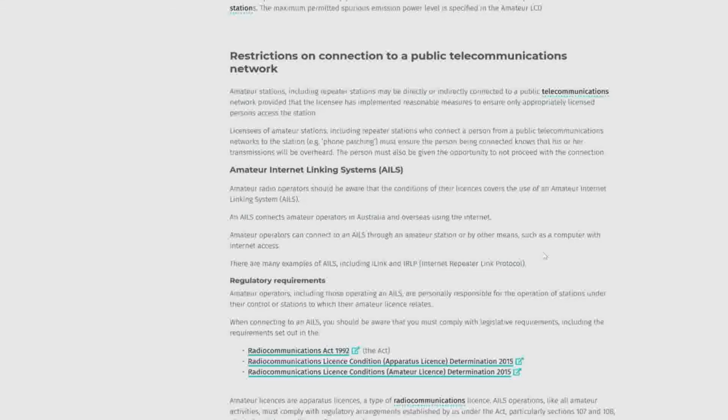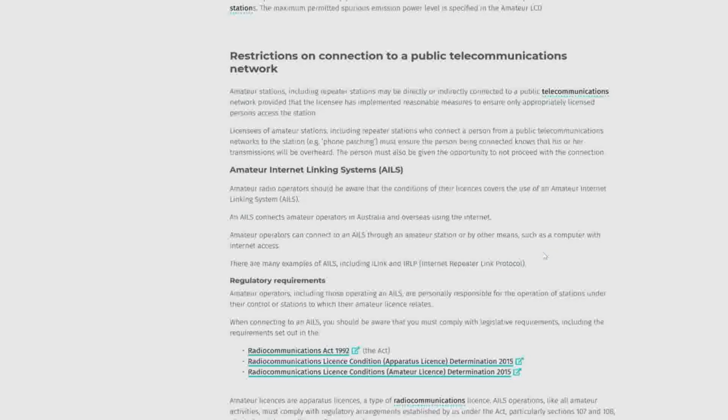If a repeater has IRLP attached to it, you can, in an ad hoc way, connect any two IRLP repeaters together via the internet. If you want to pause and read what's on the screen, you can, but in a nutshell, it's pretty easy.